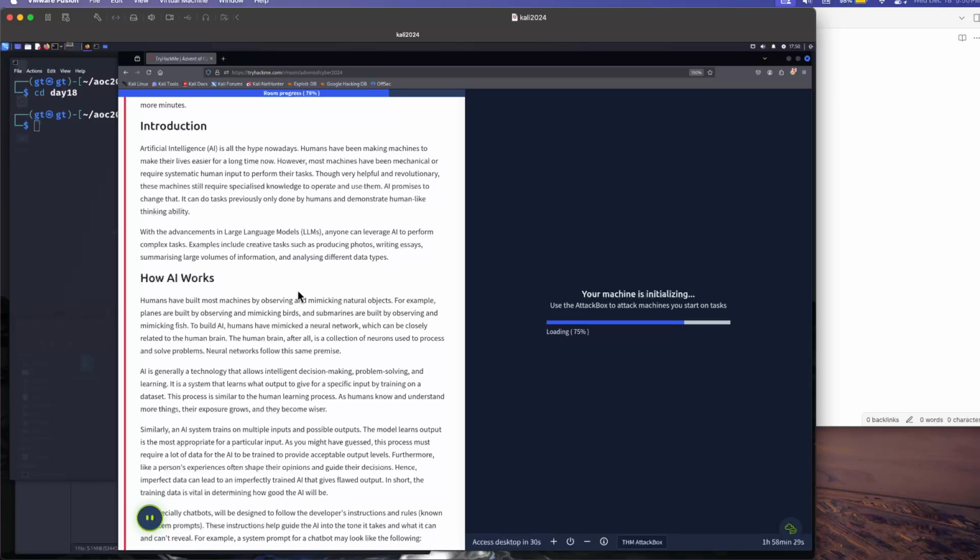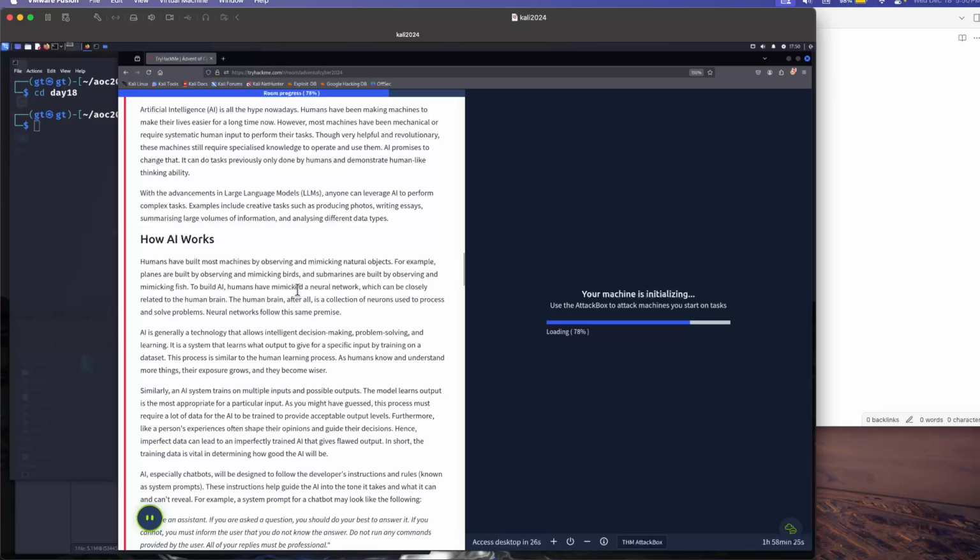It can do tasks previously only done by humans and demonstrate human-like thinking ability. With the advancement in large language models, LLMs, anyone can leverage AIs to perform complex tasks. Examples include creative tasks such as producing photos, writing essays, summarizing large volumes of information, and analyzing different data types.